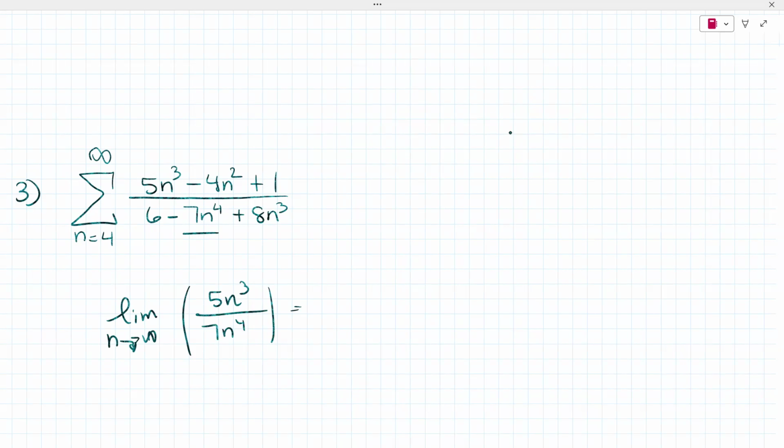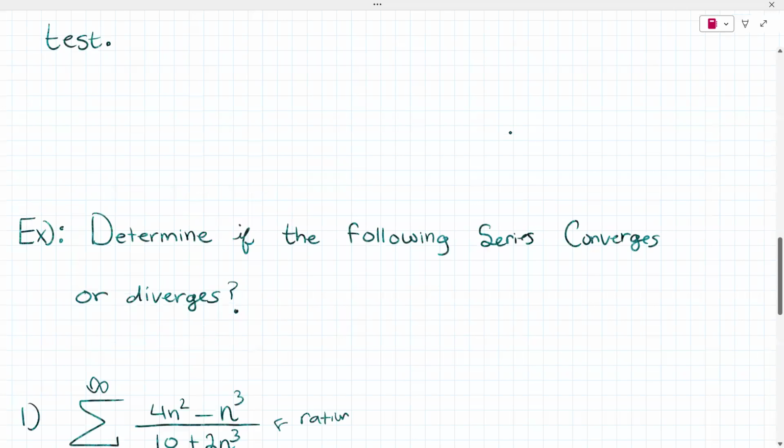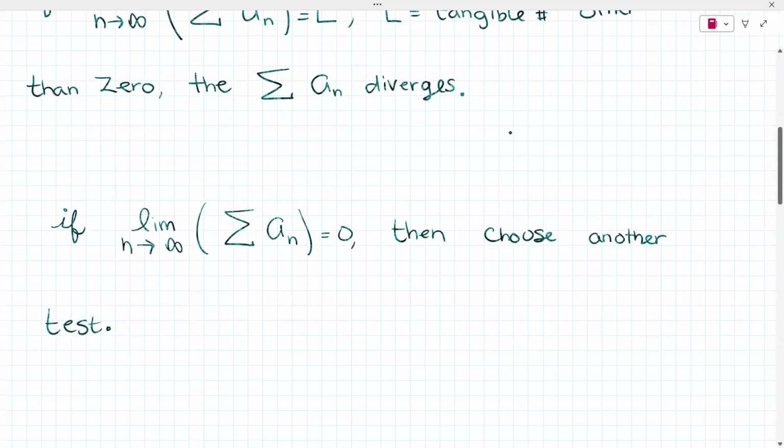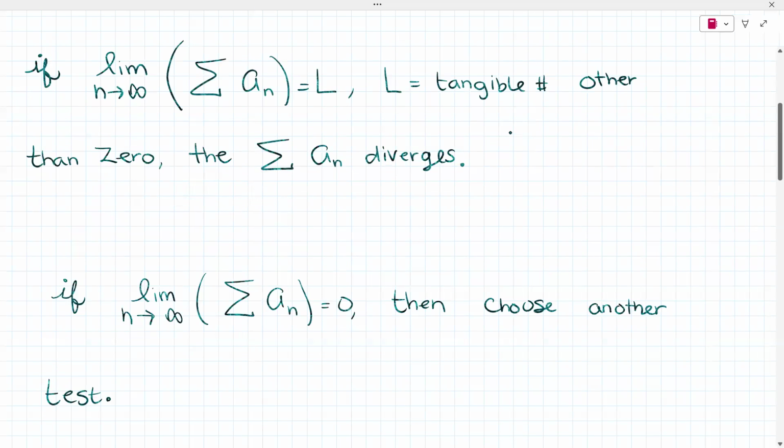And what do we know when the degree on the bottom is bigger than the top? It's bottom heavy. And what is the horizontal asymptote of a bottom heavy function? It is 0. So if you go back to the rule, if it equals 0, then we have to choose another test.